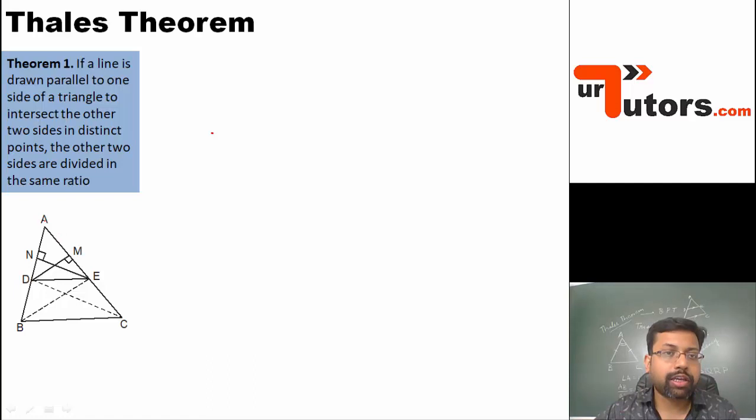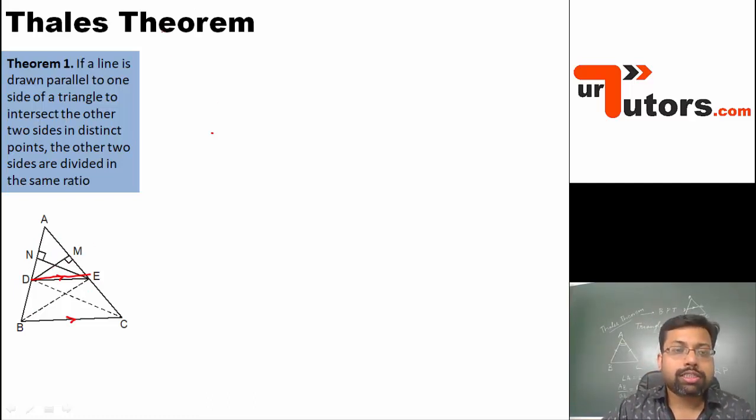So what it says is, given a triangle ABC, if a line DE is drawn parallel to BC, then the two sides AB and AC will be divided in the same ratio.